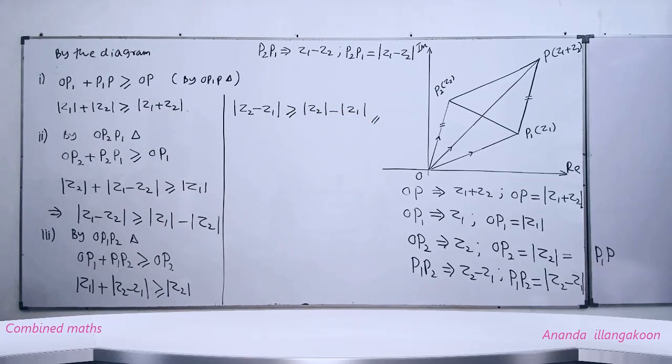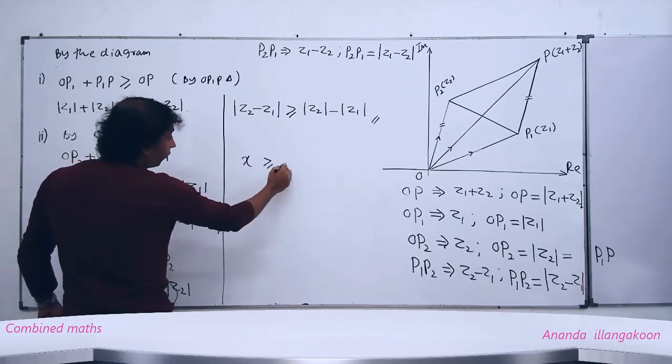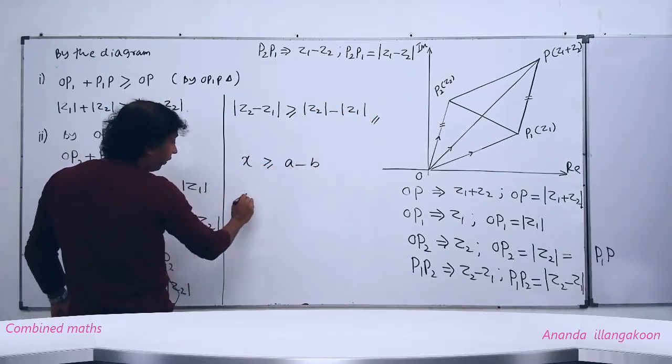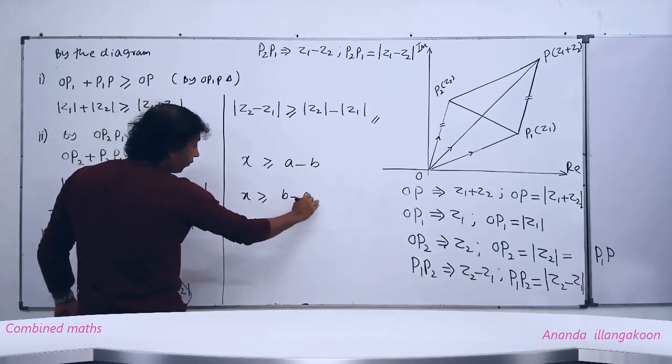Now people, asking the next one, hence reduce this answer. Now suppose we have x greater than or equal to a minus b. Second statement we have x greater than or equal to b minus c.